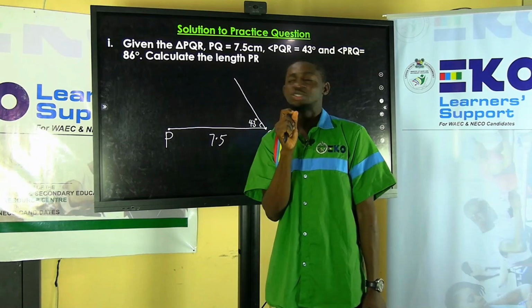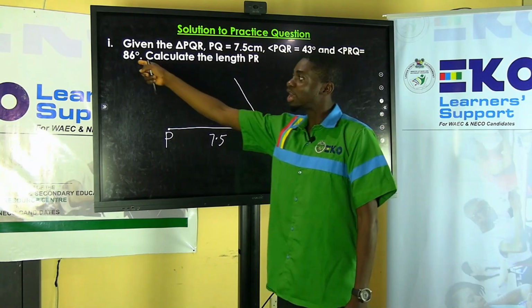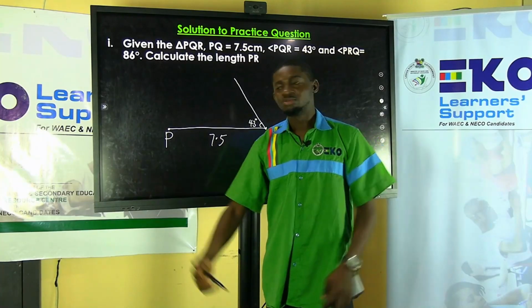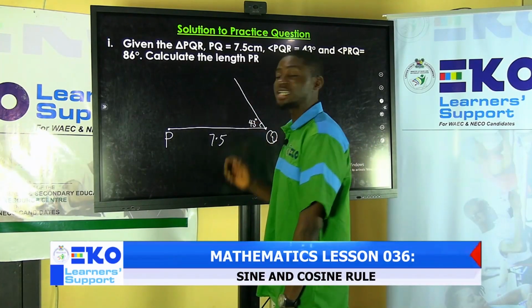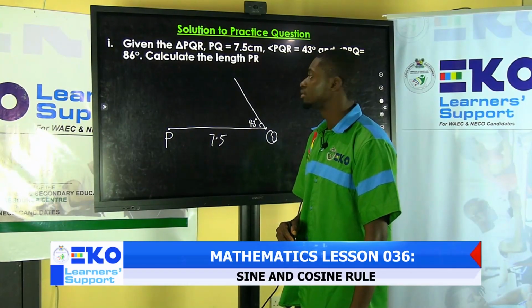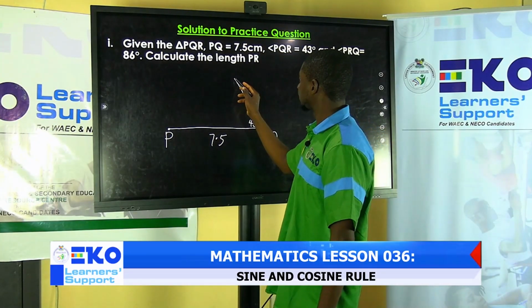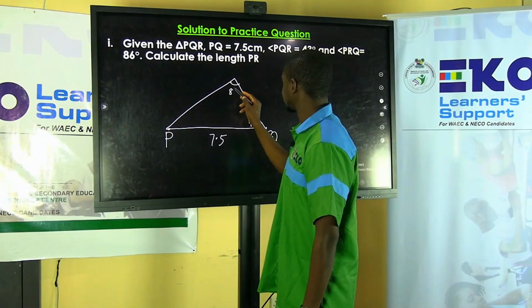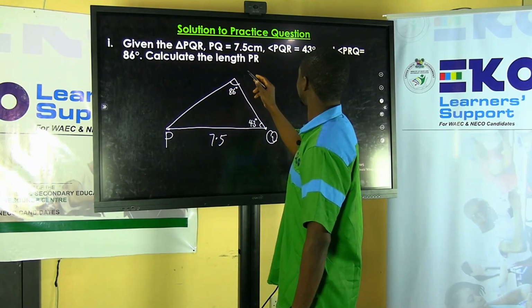We have three angles. One has taken 43 and another one has taken 86, which is bigger, and this one has taken 43 already. So this is going to be the largest, that's 86 degrees, which is angle R.